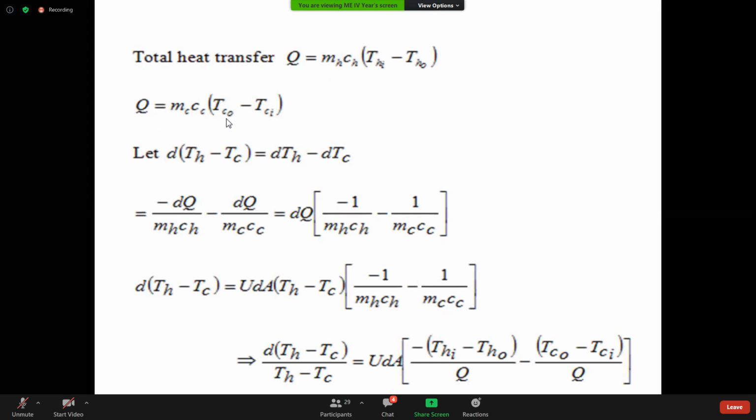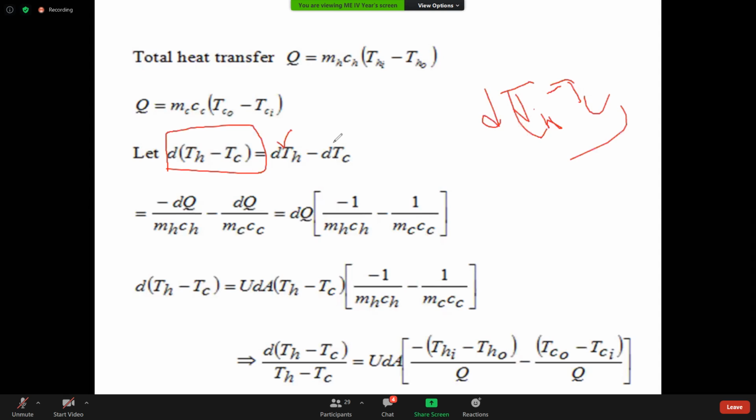Q is equal to mC CC into (TCo minus TCi). That's what I wrote, right? Let d of (TH minus TC), differentiation of that with respect to hot fluid temperature and cold fluid temperature.